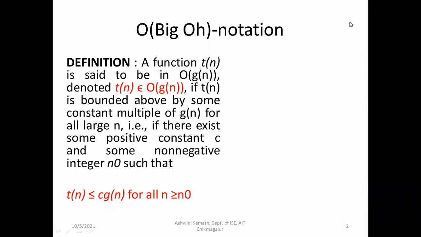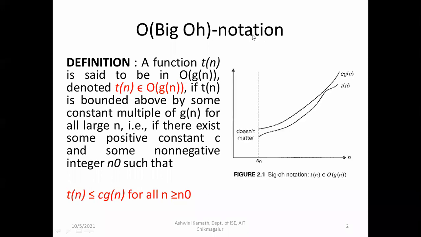Bounded above means it is having slower order of growth. The value of t of n must be less than or equal to c into g of n. Remember, t of n must have slower order of growth.